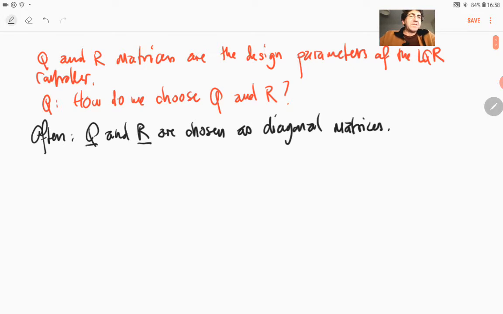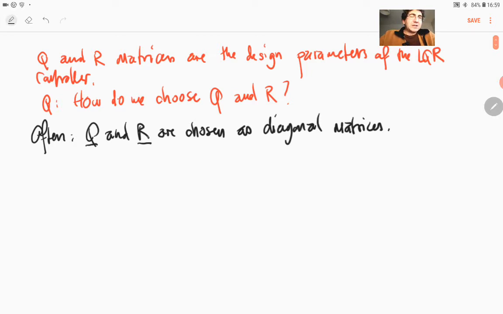So for example, if the Q matrix, which is the coefficient of the state, is large, and R is small, an increase in the input would not have any drastic impact on the cost. Therefore, the algorithm will tend to make U larger. Therefore, it will have a more aggressive control input in order to reduce X much faster.